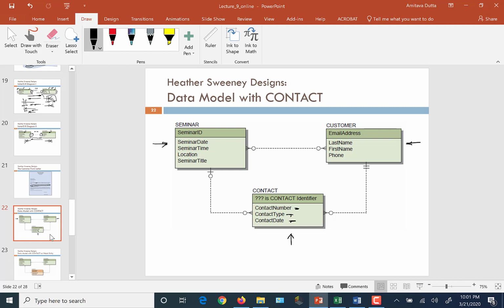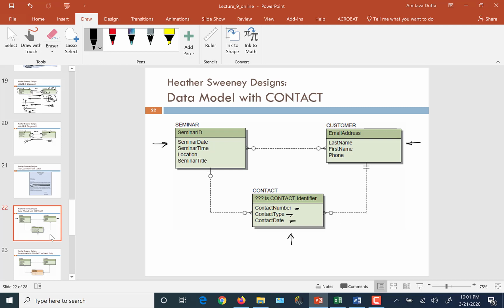So perhaps Heather Sweeney sends out more than one letter to the same person who has attended the seminar, perhaps as a reminder. Now, we get such reminders from automobile dealers all the time. If you visit an automobile dealer's shop, you will get more than one contact from them.